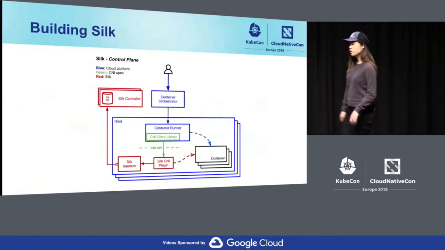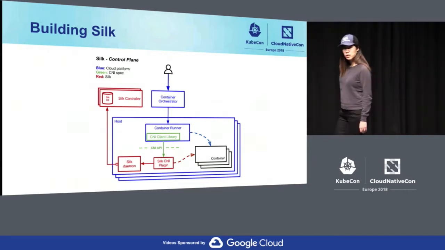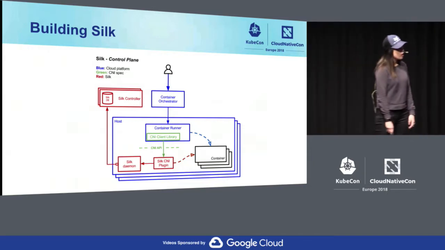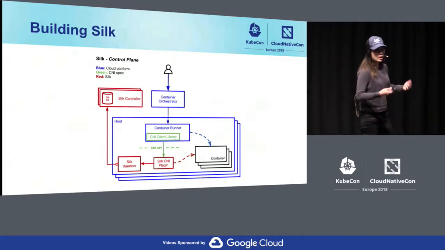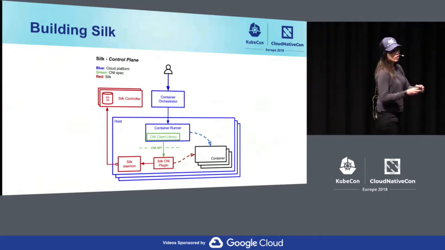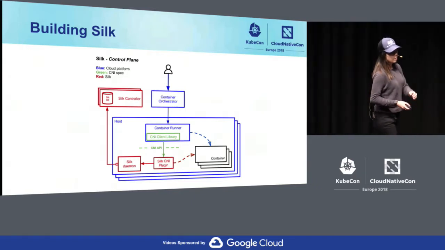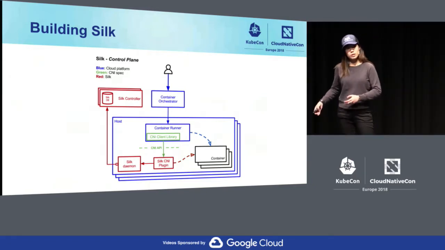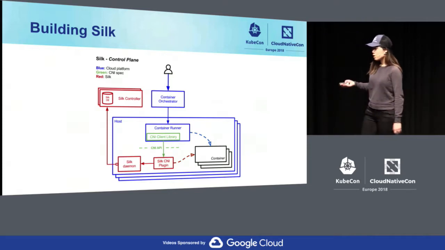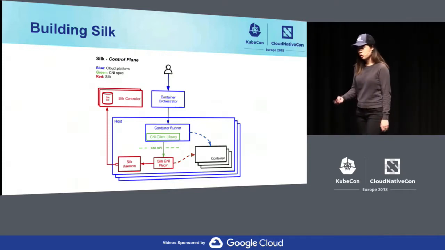So the Silk controller is the control plane component, not very great at naming, that deals with being given an overlay network, allocating and distributing that overlay network, splitting it up into subnets and giving the subnets to each host that wants it. The Silk daemon is a local process running on each host machine.